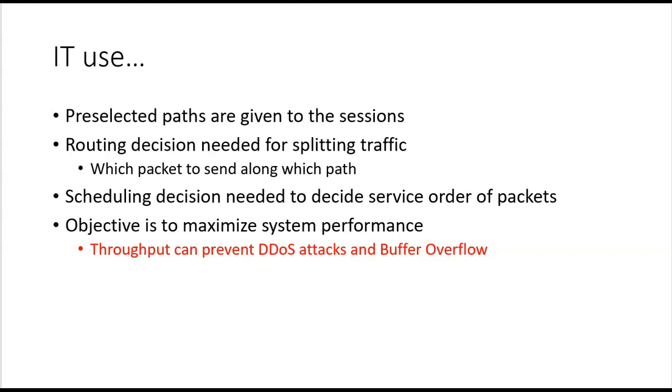So scheduling decisions are needed to decide the service order of the packets, right? And the objective is to maximize the system performance, right? And keep in mind, there are other factors, right? Throughput: if I allow too much throughput, I may have just allowed a DDoS attack, right?